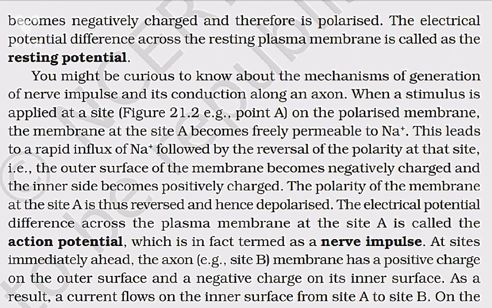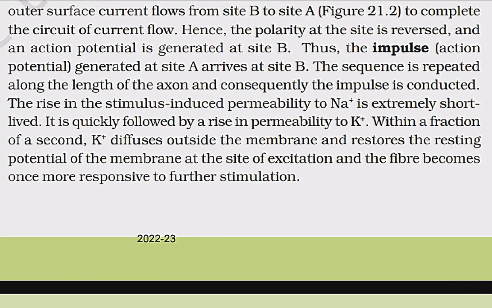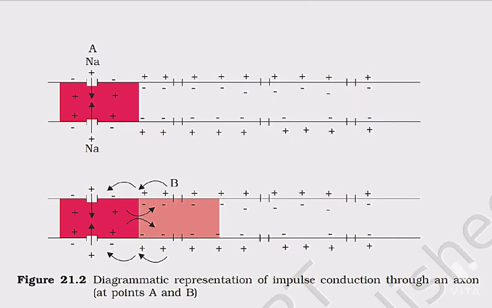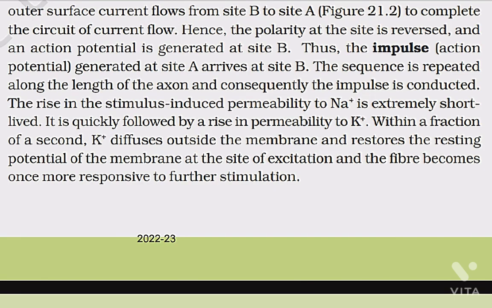As a result, a current flows on the inner surface from site A to site B. On the outer surface, current flows from site B to site A, figure 21.2, to complete the circuit of current flow. Hence, the polarity at the site is reversed and an action potential is generated at site B.